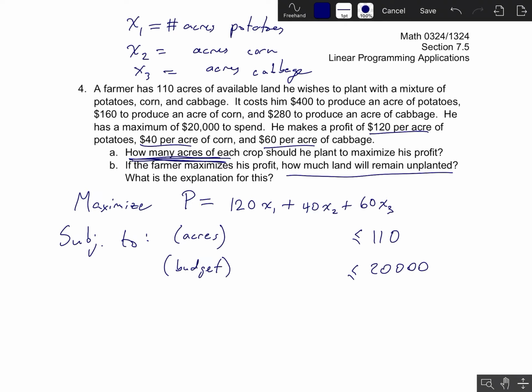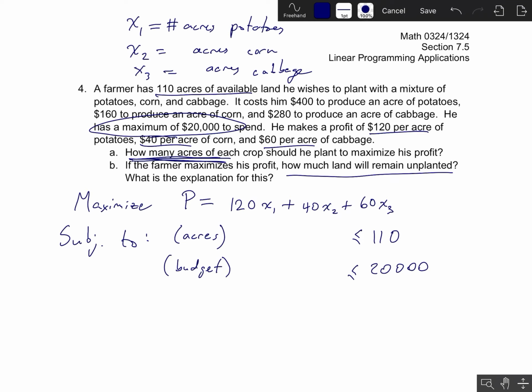If you have trouble deciding what things should represent the objective function and what things should be represented in the constraints, it helps me to try finding phrases like a maximum of or some number of acres available. Those tend to be constraints.